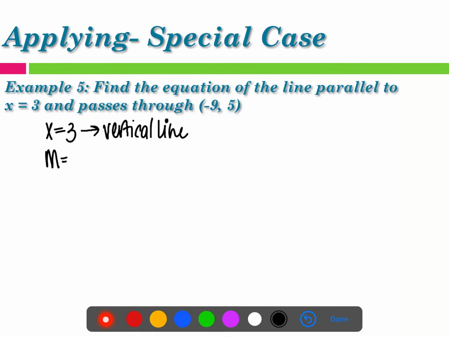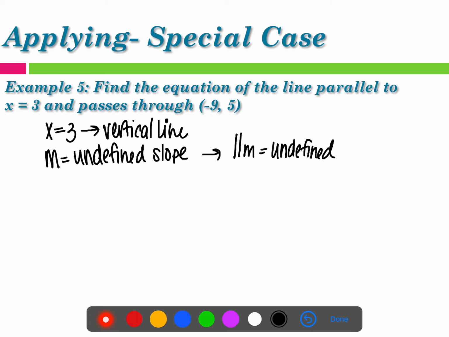So we need to know the slope of a vertical line. If you have to draw yourself an example, if you want to graph x equals 3, or if we just have this memorized, a vertical line has an undefined slope. So in order to be parallel to that would also be undefined, which means it's going to have the same equation set up as the one that we started with.